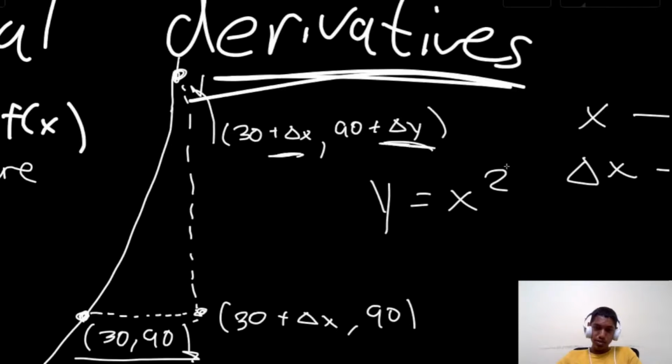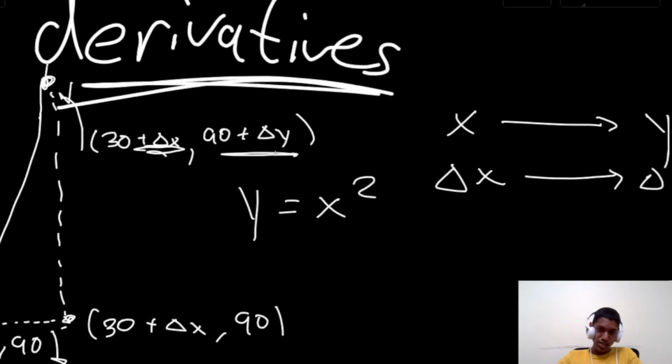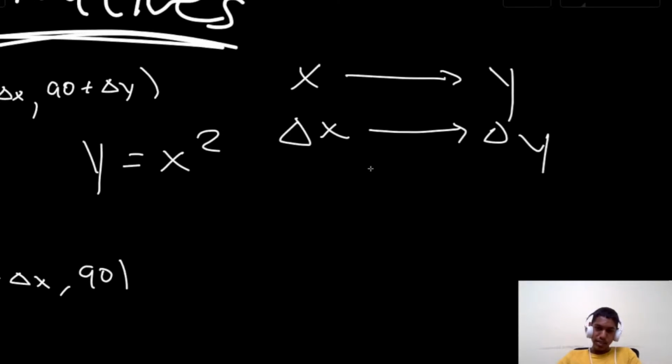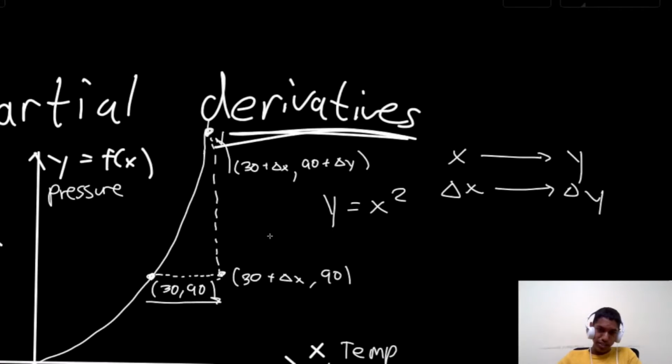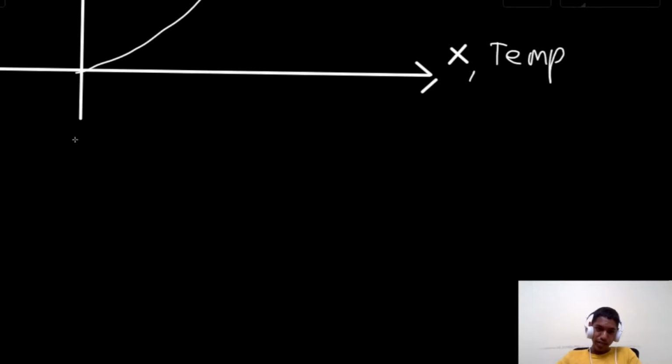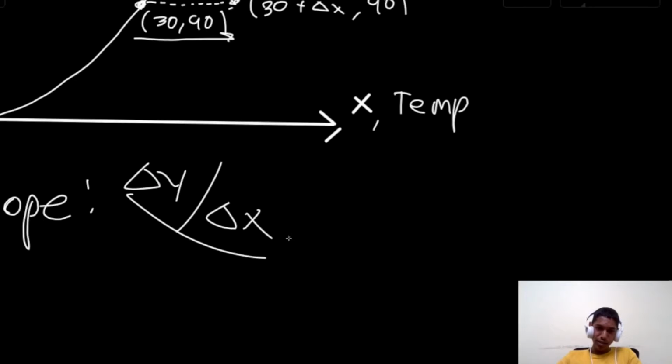These are listed as ordered pairs, but remember, this one caused this one, and that's important to keep in mind. So then we have slope, which is basically just this ratio.